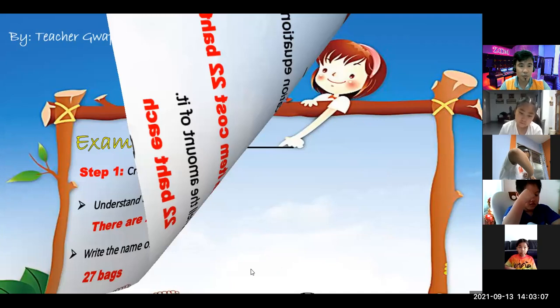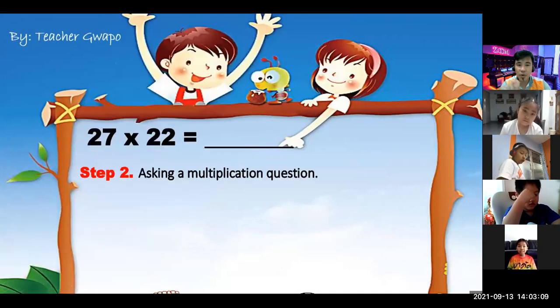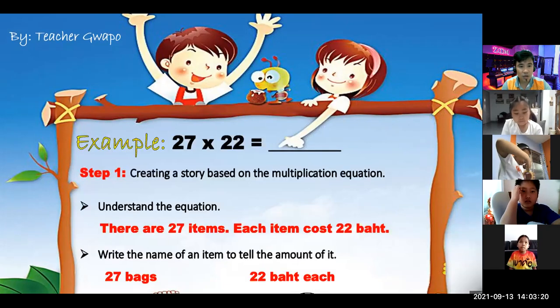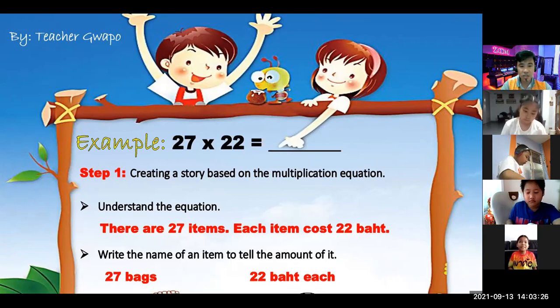So step number 2, you will ask a multiplication question. There are only 2 steps. Step number 1, create a story based on the multiplication equation. You have to understand the equation and then just write the items that you want to use.